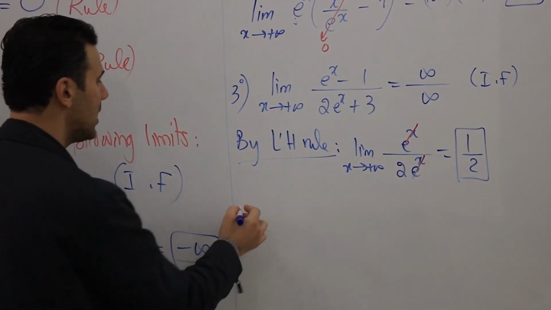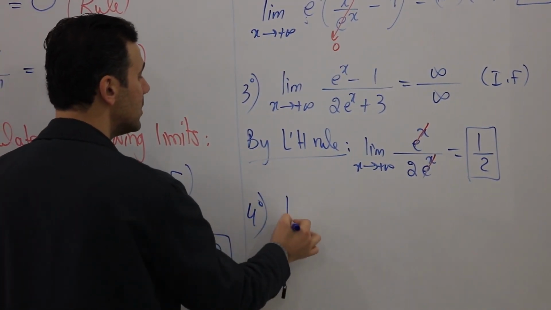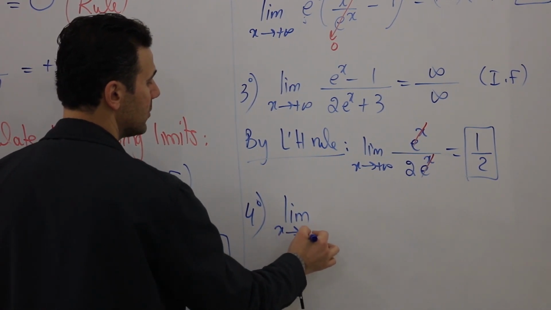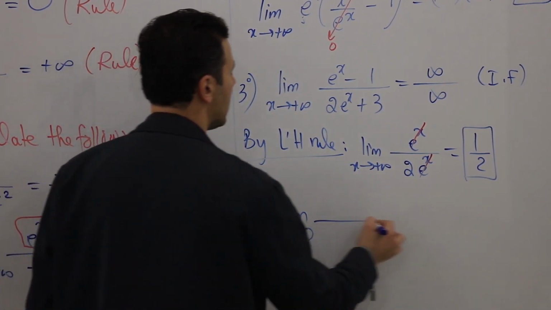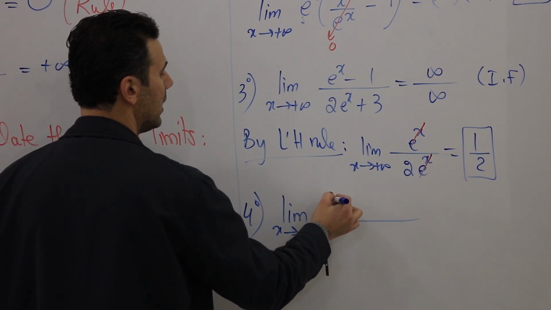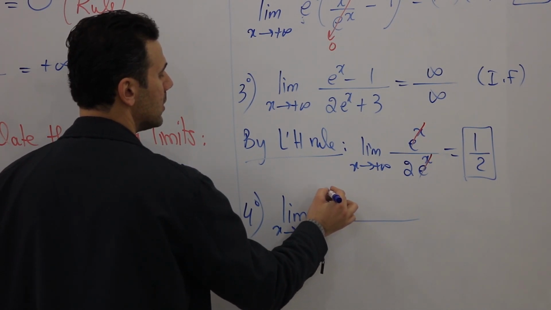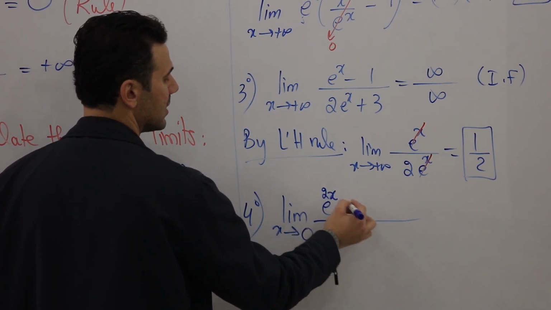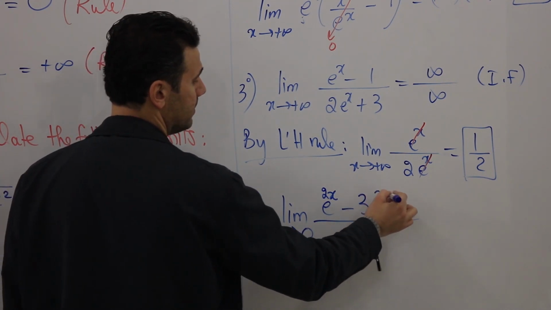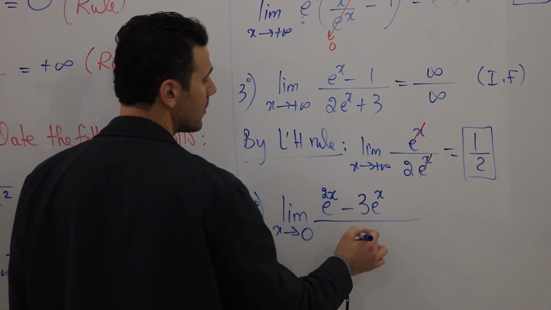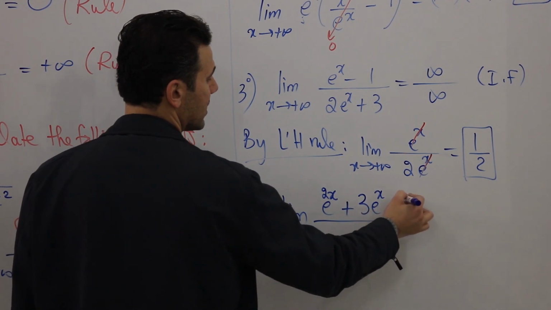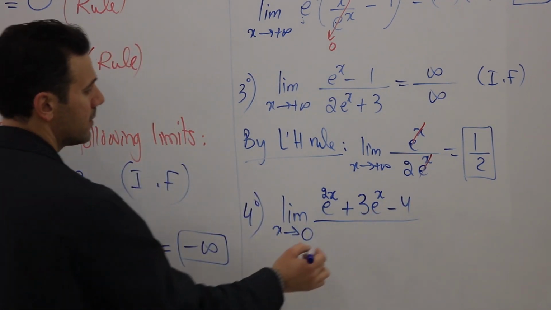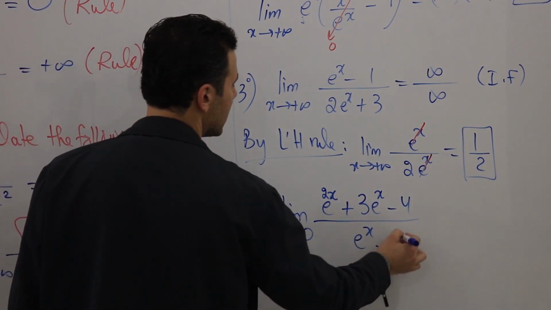Clear? The last one is the limit as x tends to, let's say, 0 of e^(2x) plus 3e^x minus 4 over e^x minus 1.